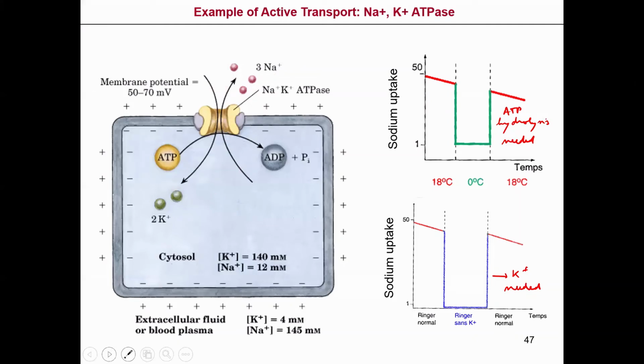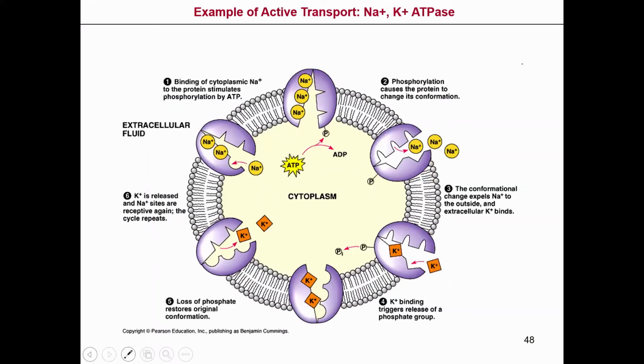So how does it work for the sodium-potassium ATPase? The first step is the binding of the cytoplasmic sodium to the protein. It stimulates the phosphorylation by ATP. So this is the hydrolysis of ATP.